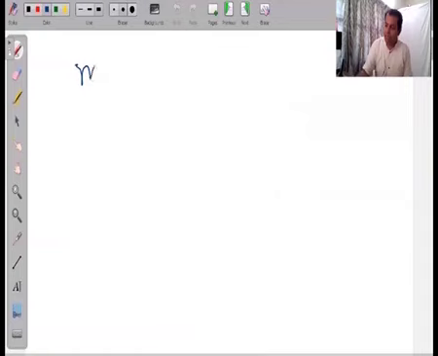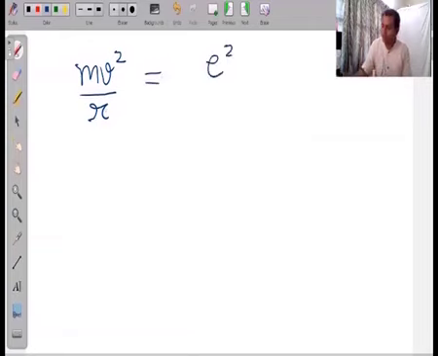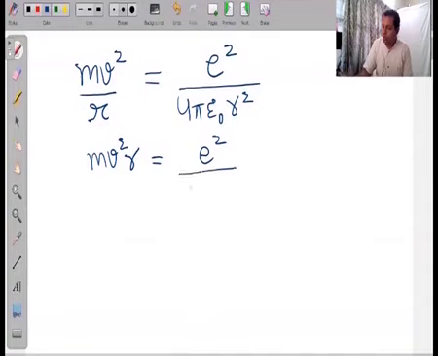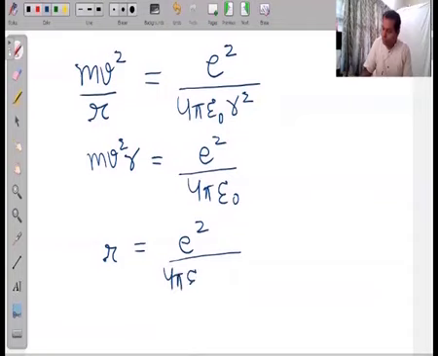So let's equate mv squared by r, which is your centripetal force, and this is equal to e squared upon 4 pi epsilon naught r squared. And we can proceed and write mv squared r is e squared upon 4 pi epsilon naught, or we can write r is e squared upon 4 pi epsilon naught m v squared.